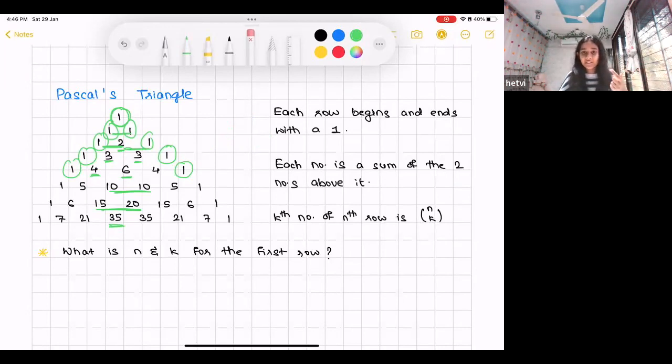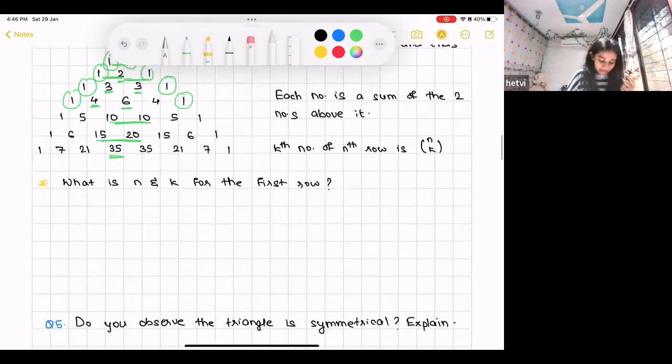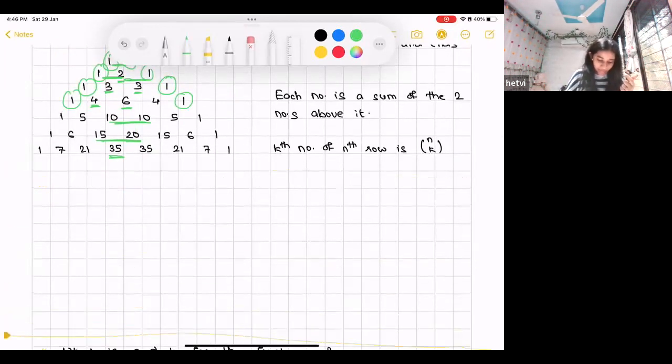Now, another way to interpret Pascal's triangle is, okay, I need space. You can also write it as the kth number of the nth row is n choose k. So, for example, let's take the 4th row.